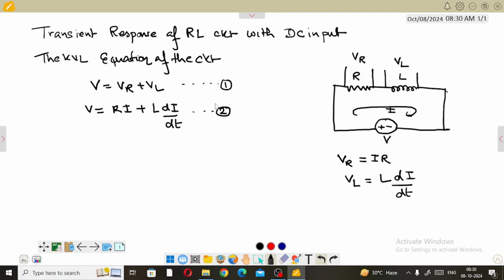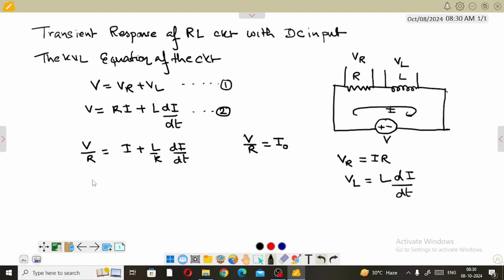I will divide both sides of the equation by R, and so what I get here is V by R is equal to I plus L by R into di of dt. So this V by R is the maximum current that flows through the circuit, and I will write down that V by R is equal to I0.